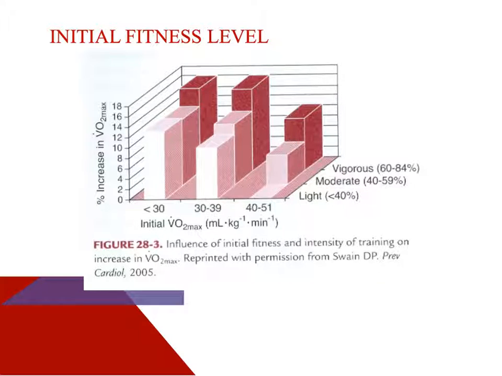And we can see that all benefit more from vigorous intensity when it comes to increases in VO2 max. However, given the sedentary nature of low fitness individuals, we might want to start off with just light intensity for safety purposes and because it elicits the same results as moderate intensity, and then work our way up from there.